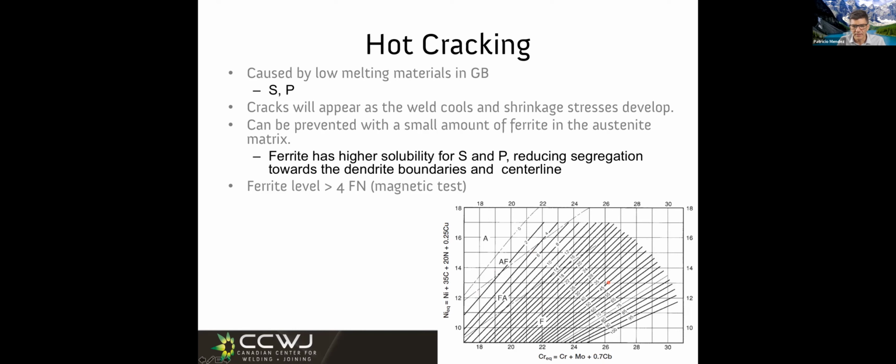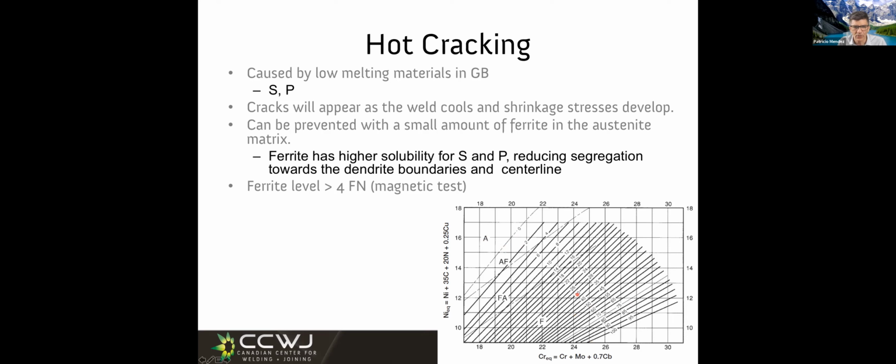And depending on where you fall in this diagram, you'd end up with a ferritic stainless steel, or a stainless steel that solidifies first as ferrite and then austenite, which is what you like. Or if it's stainless steel that solidifies first as austenite and then as ferrite, it's not so cool, but you can deal. Or one that is all austenite all the time, and that would be quite prone to hot cracking.